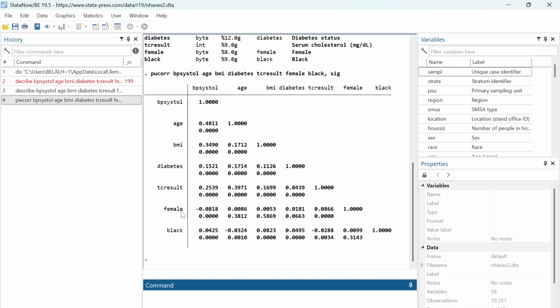But for a binary variable, the way we interpret it is that there are two groups, like male and female. So we interpret the group means difference. The mean difference between male and female for BP systole is statistically significant, meaning that females tend to have lower average BP systole, or systolic blood pressure, compared to males.